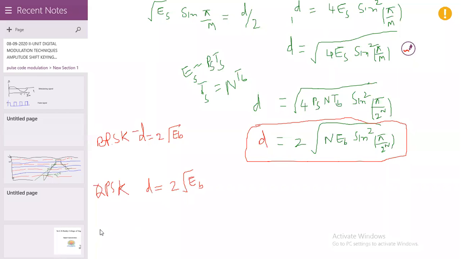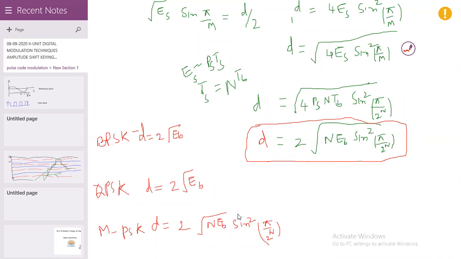Whereas in M-array PSK, the distance d equals 2 into root of n into Eb sine square pi by 2 to the power of n, whole square.